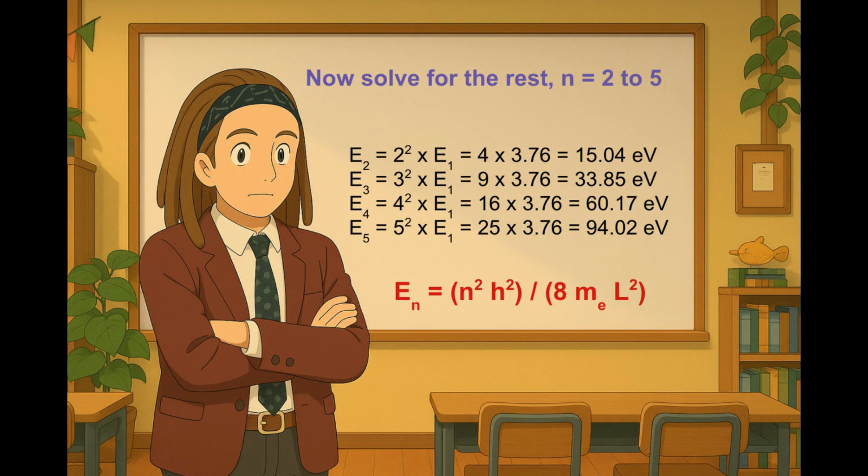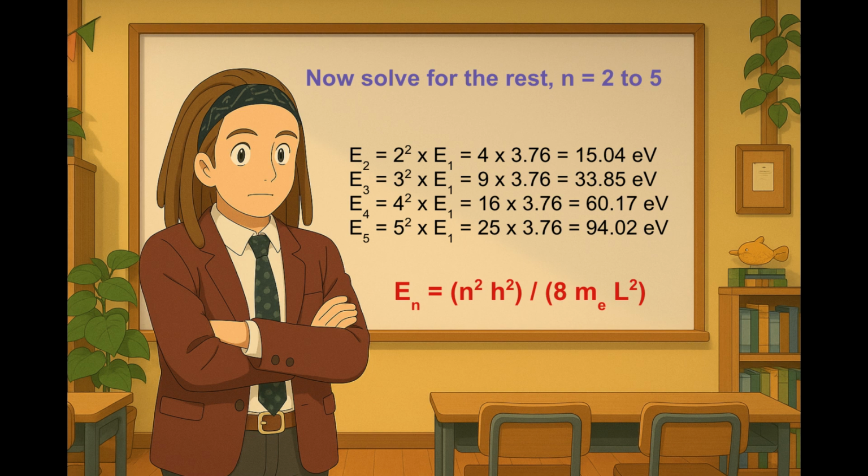For the next 4 lowest energy states, we'll simply substitute n equals 2, 3, 4, and 5 into the same formula. Since En is proportional to n squared, we can simply multiply our ground state energy by n squared. For n equals 2, E2 equals 2 squared times E1 equals 4 times 3.76 eV equals 15.04 eV.